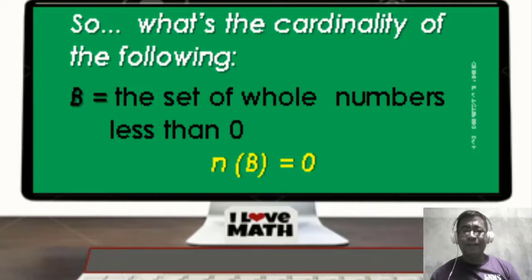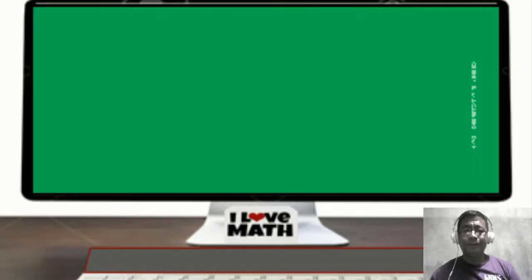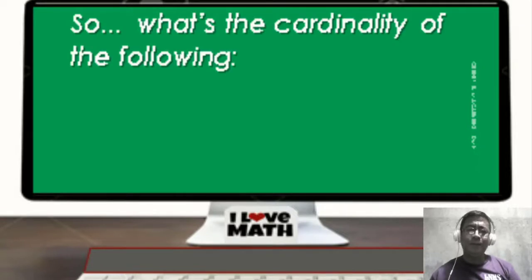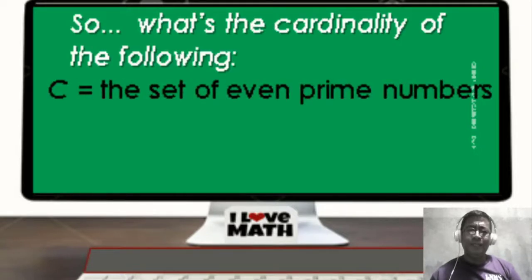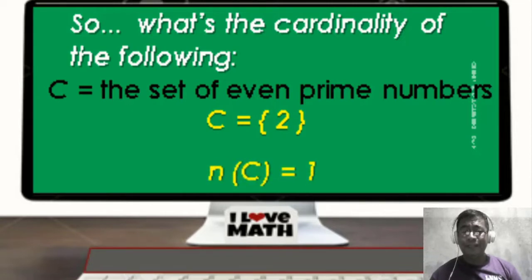So take note of that. How about the cardinality of set C, which is equal to the set of even prime numbers? There is only one element, which is 2. So therefore, n of C is equal to 1. So take note of that.